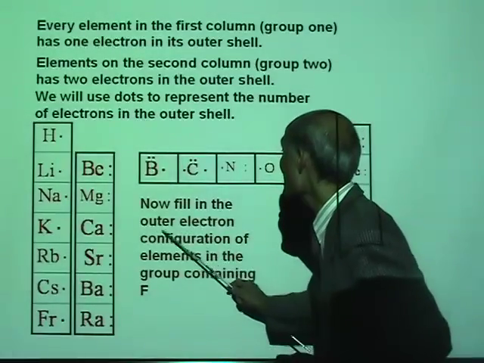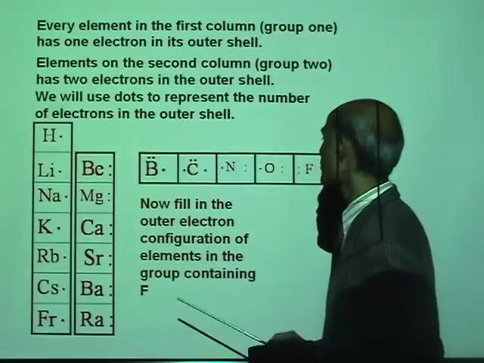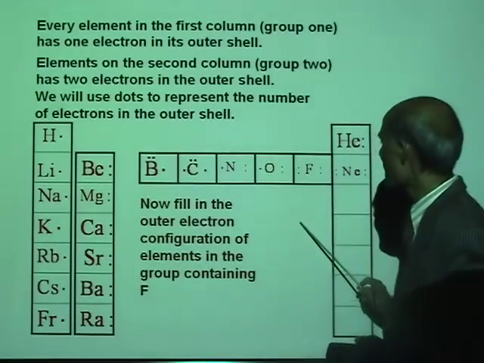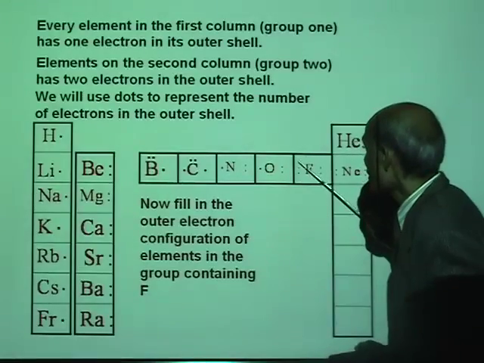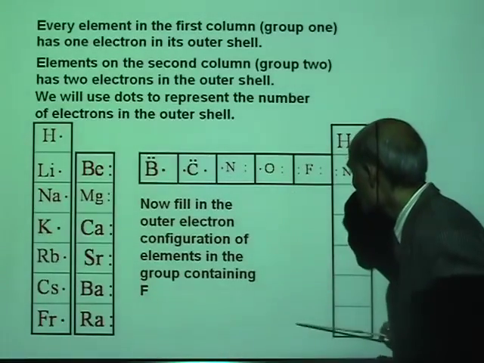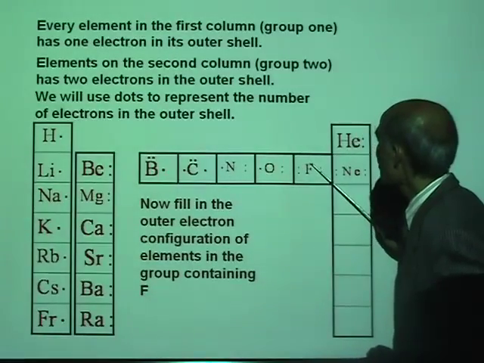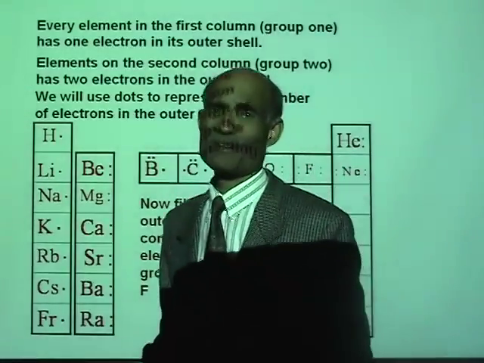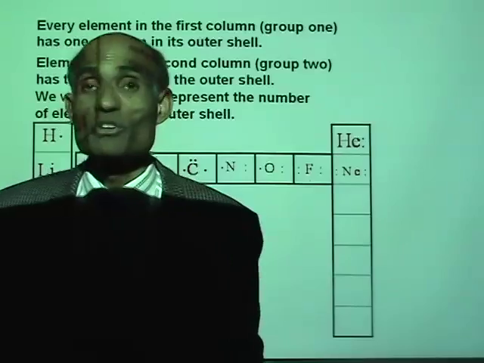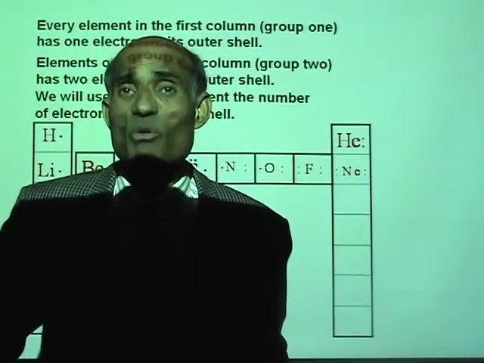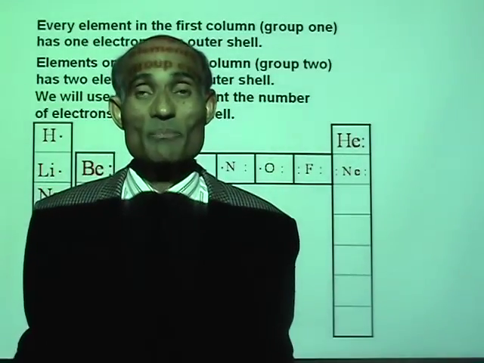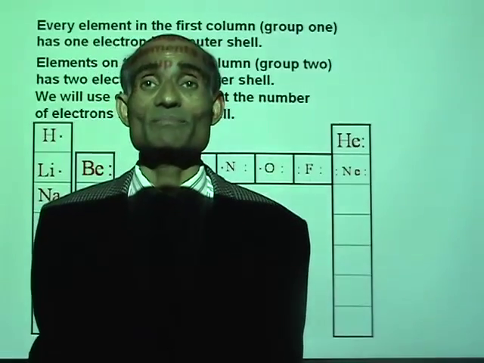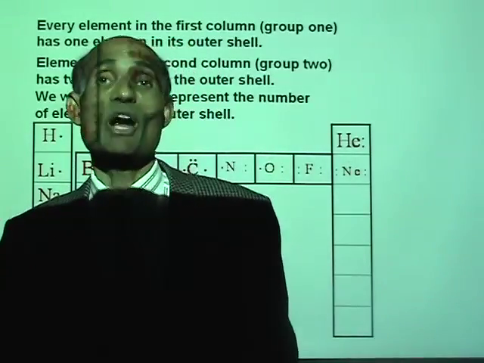Now fill in the outer electron configuration of elements in the group containing fluorine. If you draw this group, how many electrons will each of these elements have? What you should do is look in a periodic table, either in a textbook or go to Google and search for the periodic table.